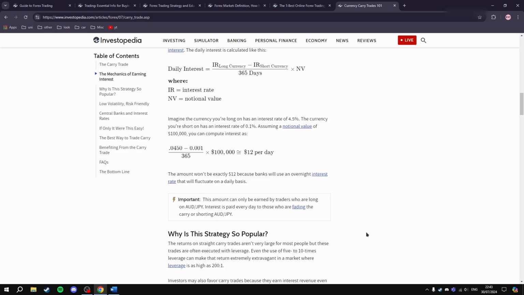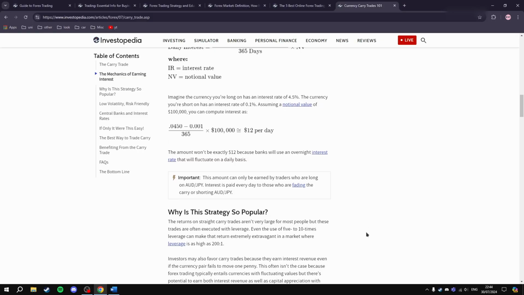Oh, so you have to pay interest if you're shorting the AUD/JPY. Oh, right, I see. Yeah, if you're shorting it, then you have to pay interest.